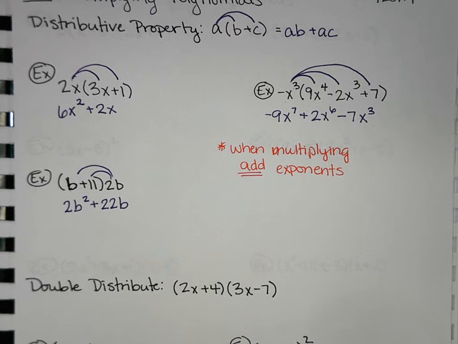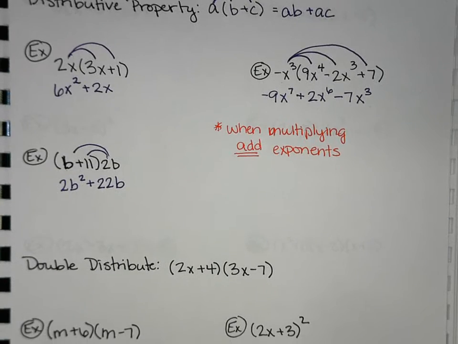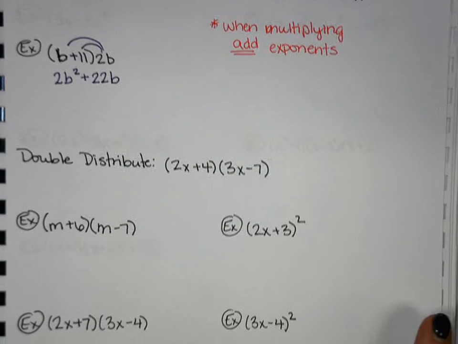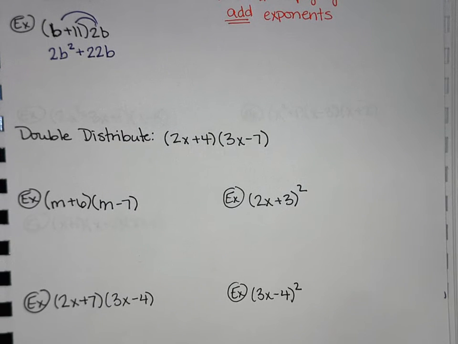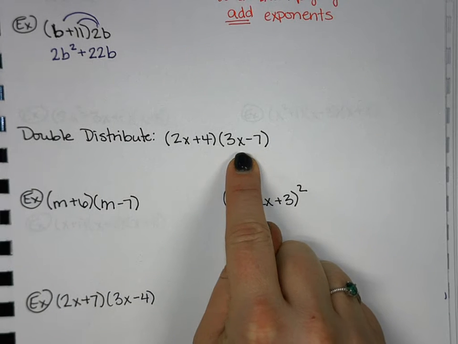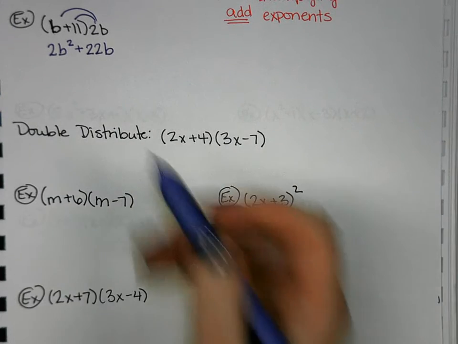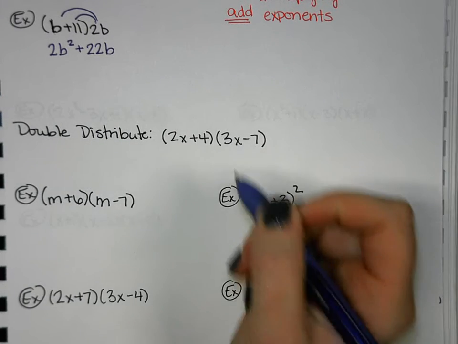The part that should be somewhat new is what we call double distributing. Has anyone done double distributing before? Some of you? Okay. Double distributing, we take the same basic idea, but when we have a binomial times a binomial, we do the same thing as distribute, we just have to do it twice.